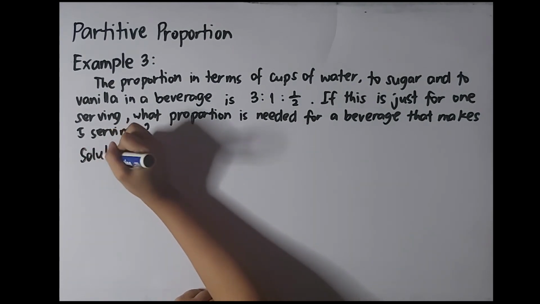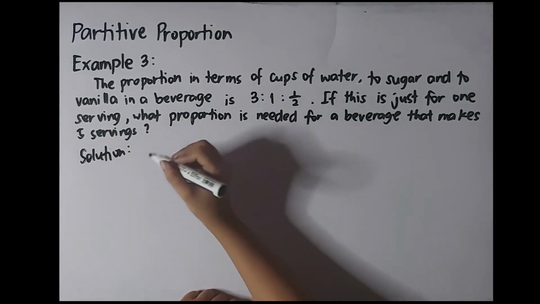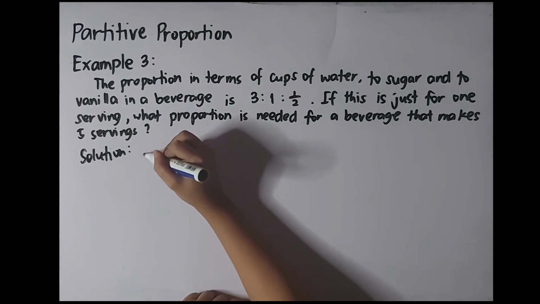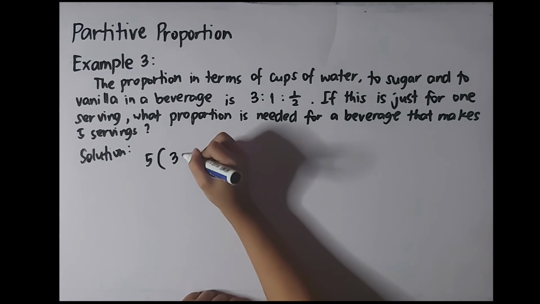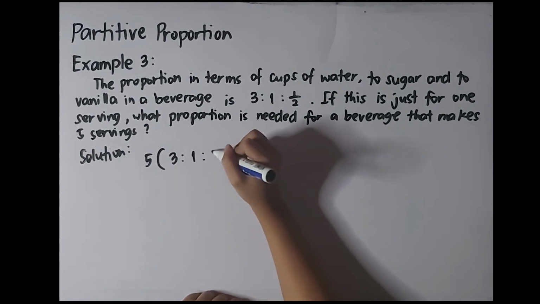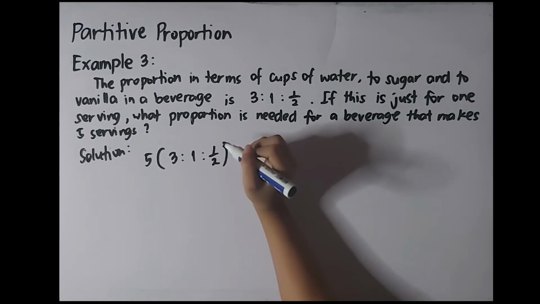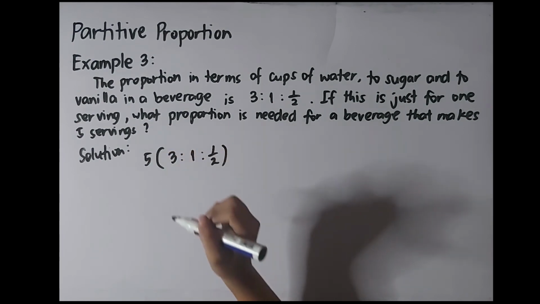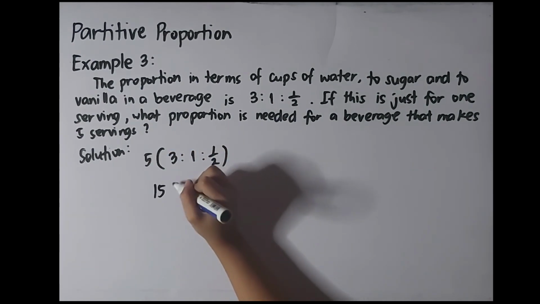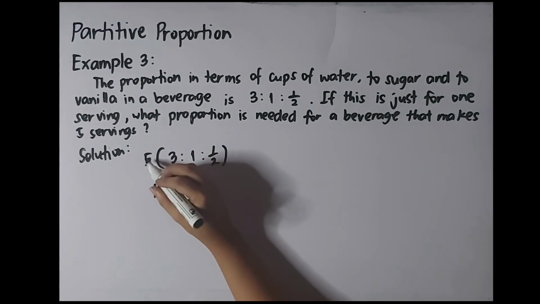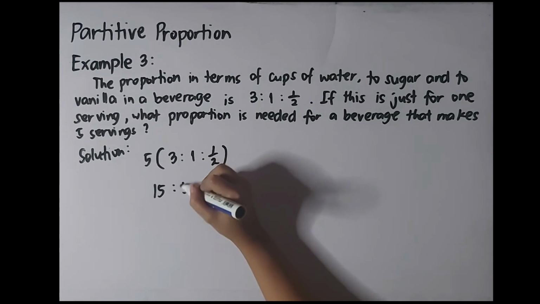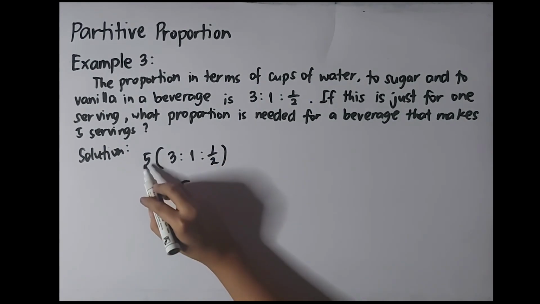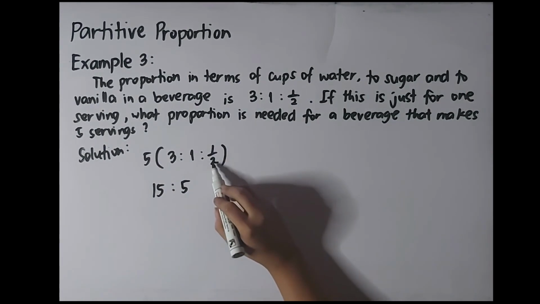So for the solution, we are going to multiply the K to our proportion. So 5 multiplied by 3 is to 1 is to 1/2. So 5 multiplied by 3, that is 15, is to 5. For 5 servings, how much sugar? So we have 5 times 1, that is 5. For 5 servings, how much vanilla?